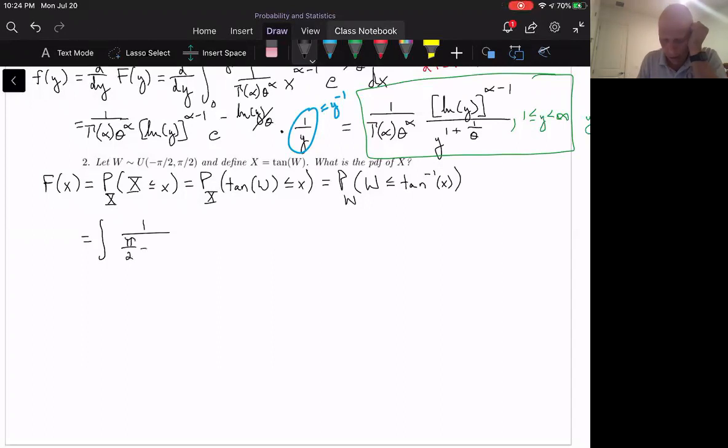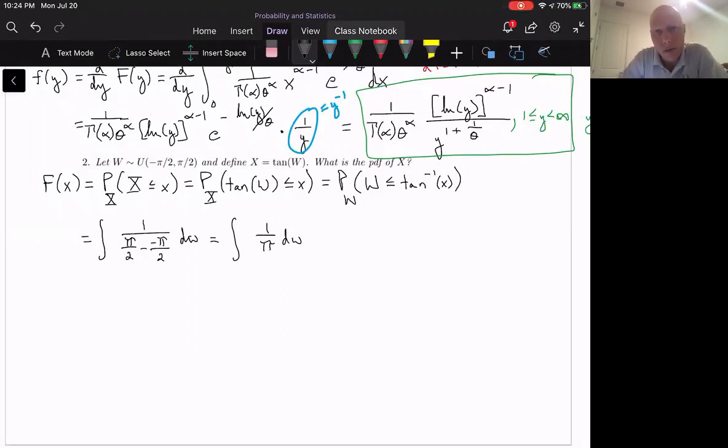And a? Negative pi over 2. All right, and so what is 1/2 minus a negative half? 1. And so I had pulled that pi out. So this is really just going to be the integral of 1 over pi dw.